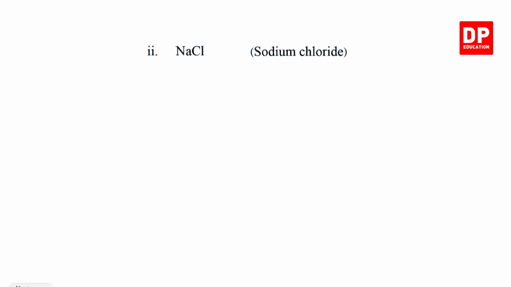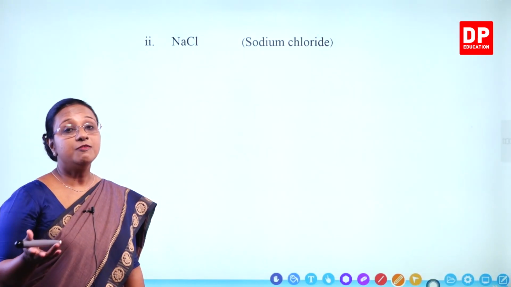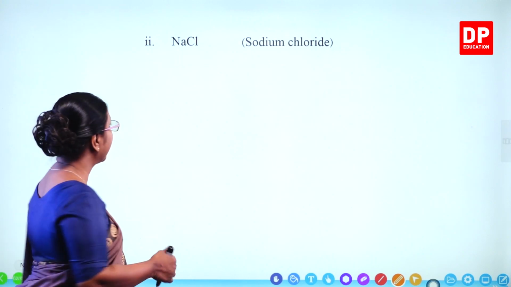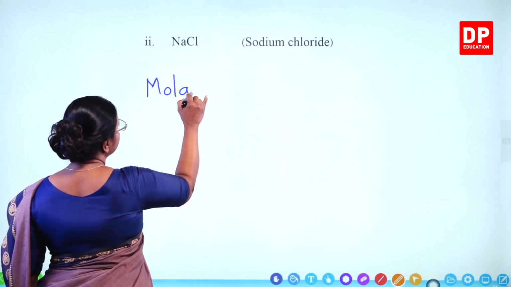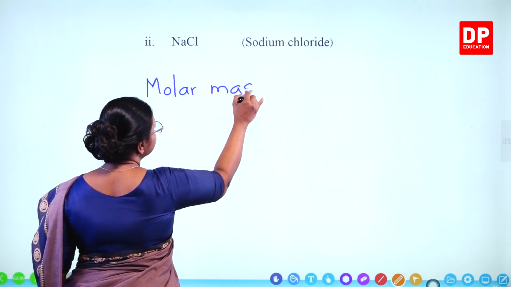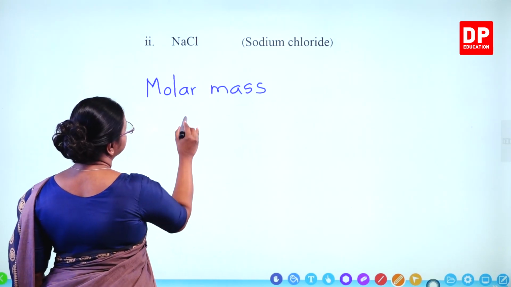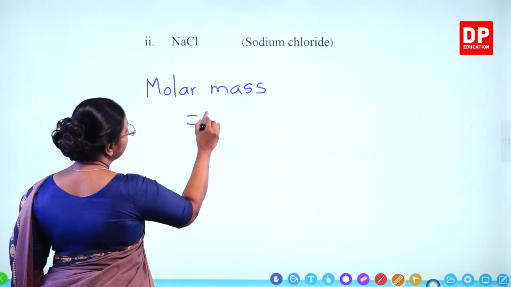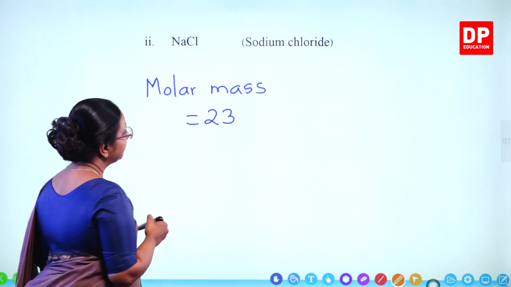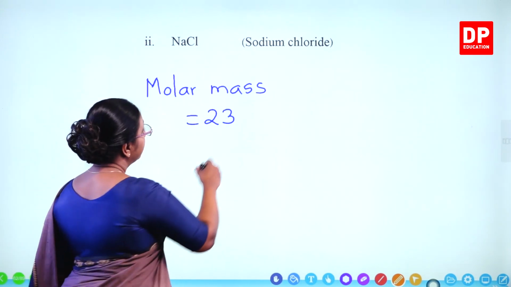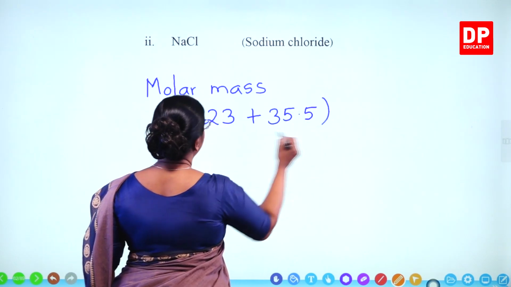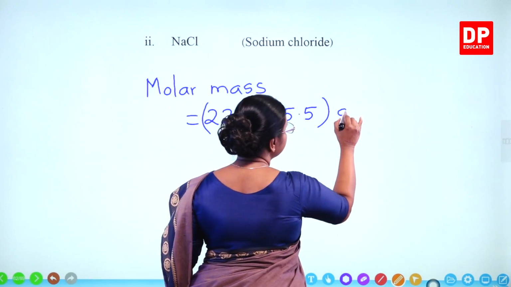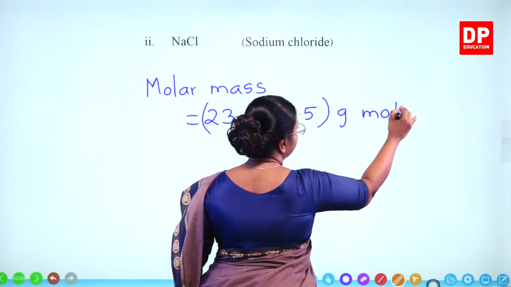NaCl. Here what is it? It's actually the formula mass that you are going to calculate. But they have asked for the molar mass. So formula mass with the unit. What is sodium? Relative atomic mass 23 plus chlorine 35.5. And what is the unit here? Grams per mole.